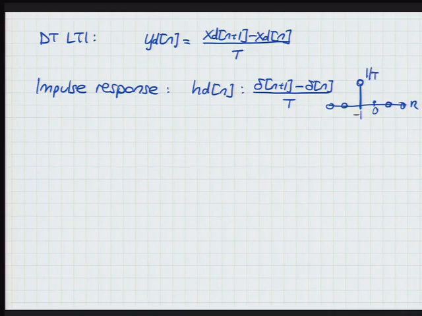So this is negative 1, and at time equal to 1, well, good, you're at least following, and I'm not. Okay, so negative 1 over T. Is that okay? I have a 1 over T at negative 1, no?